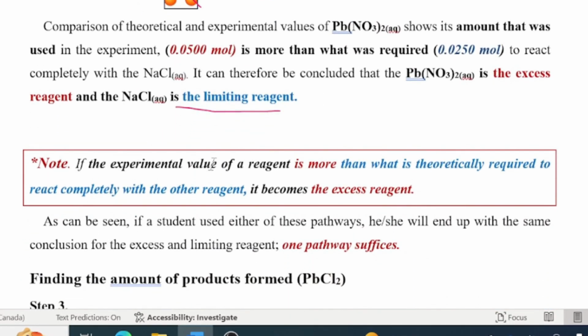So if the experimental value is more than what is theoretically required to react completely with the other one, it becomes the excess. As in this case, lead is the excess reagent because you only needed that amount of lead in the reaction, but you used that amount there, so it becomes the excess reagent.